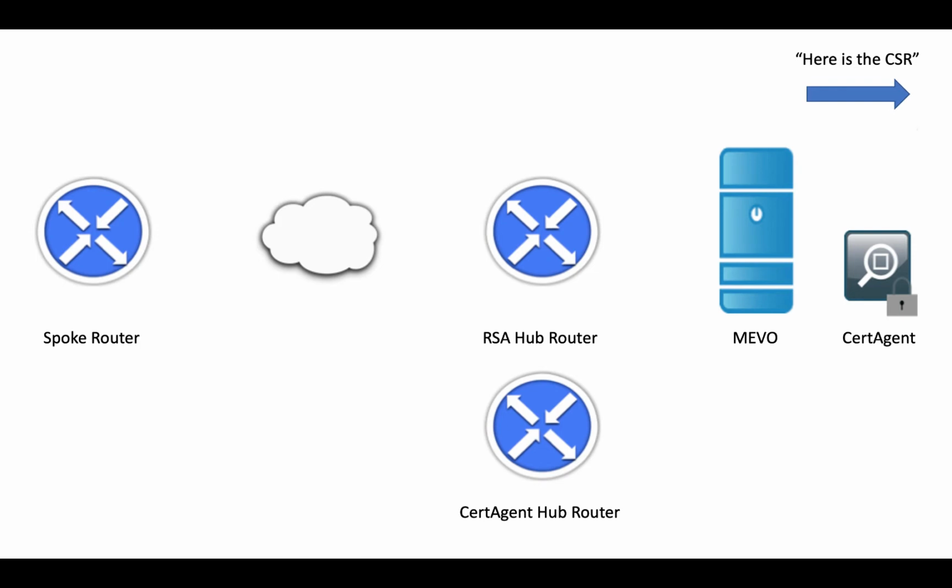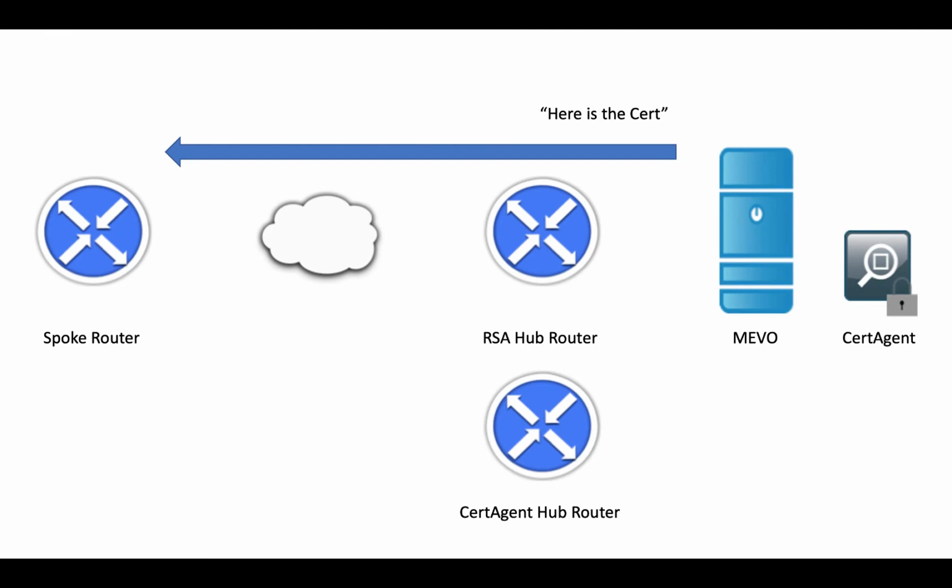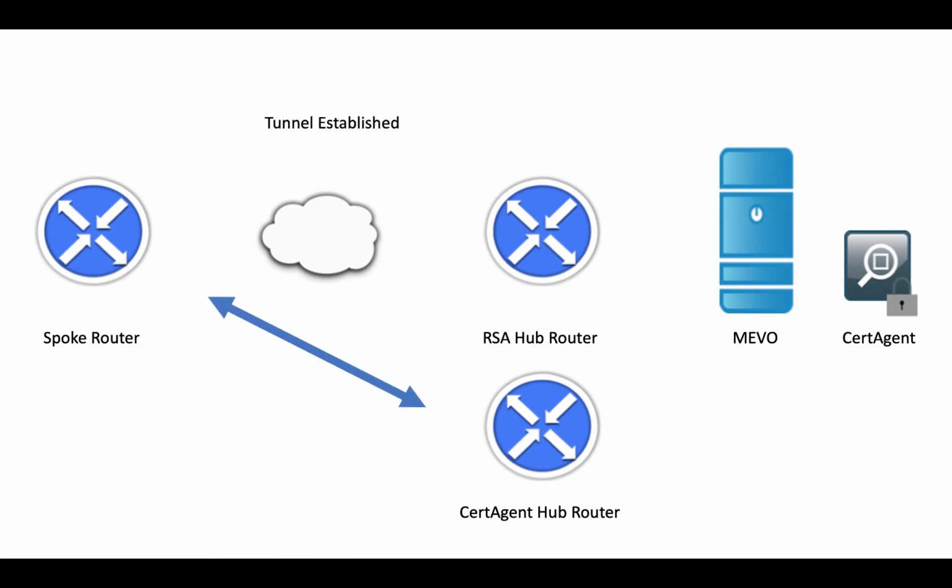It will take that certificate signing request, go to CertAgent, grab the cert, and then lay down that cert onto your spoke router. So now that your spoke router has your CertAgent certificate, now that it has the tunnel configuration going to your CertAgent hubs, those tunnels should now automatically come up. Once that network is set up, now you're connected to your actual production network.